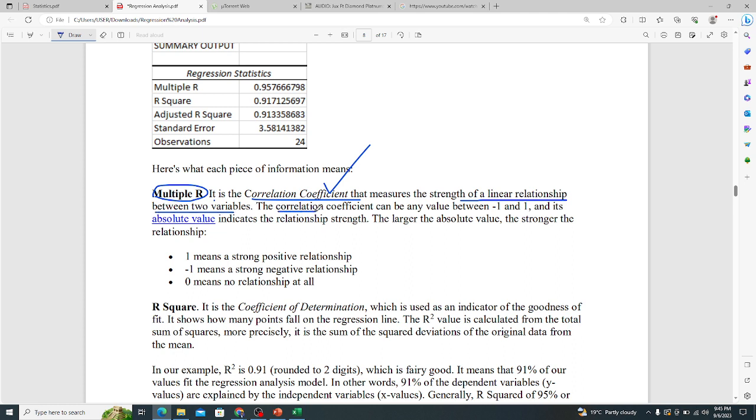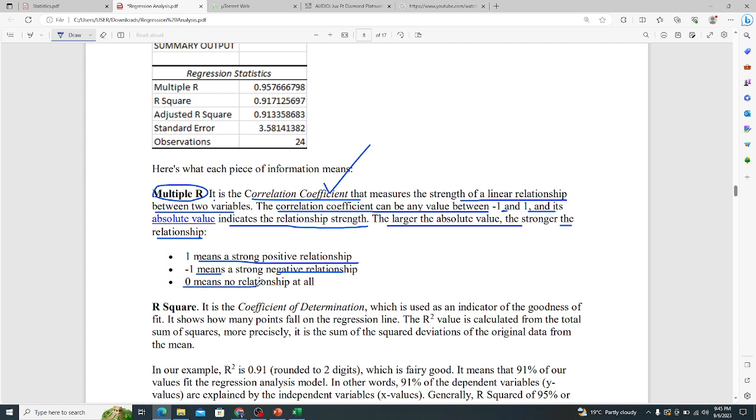The correlation coefficient can be any value between -1 and 1. We had already tackled this, and its absolute value indicates the strength of the relationship. The larger the absolute value, the stronger the relationship. 1 means we have a strong positive relationship. -1 means we have a strong negative relationship.